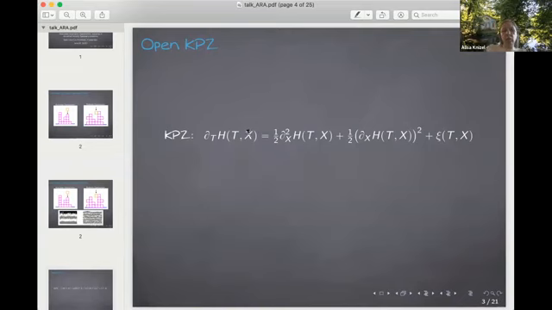And the most important mechanism is given by this first term, the nonlinear term, where we see the mechanism of the sticking, so the lateral growth.